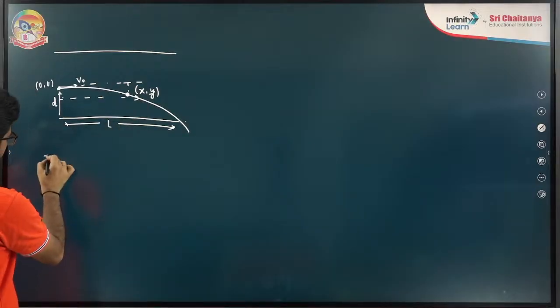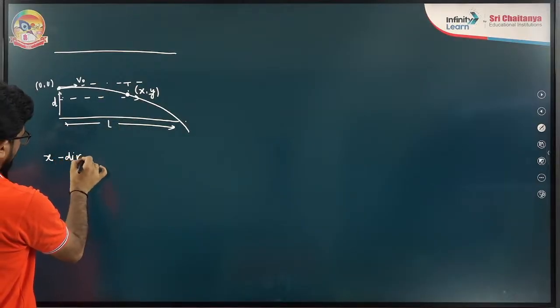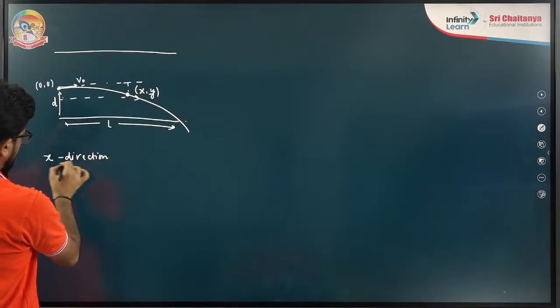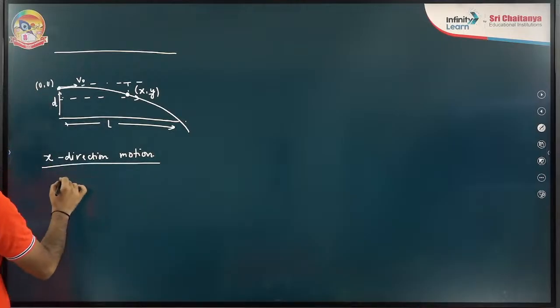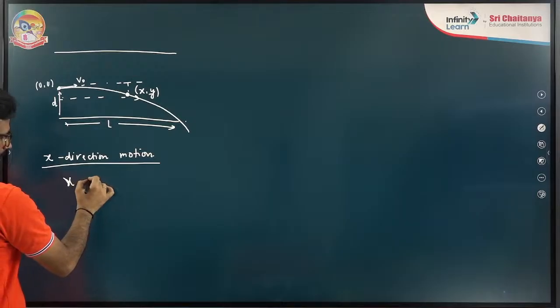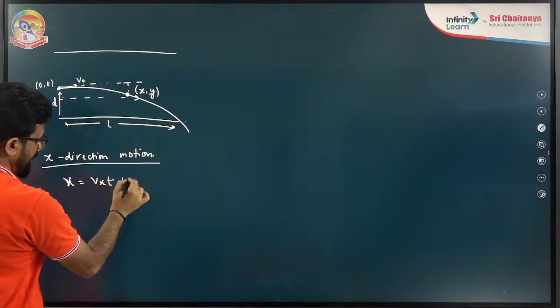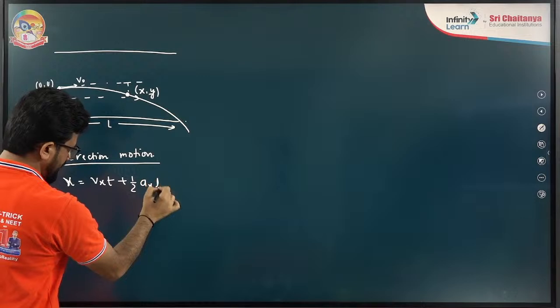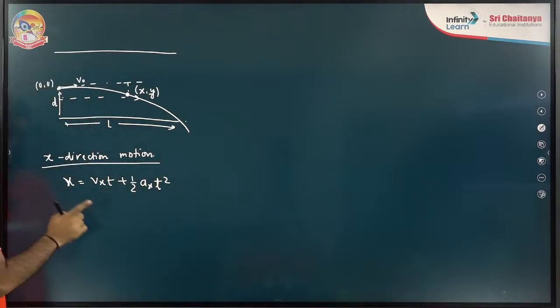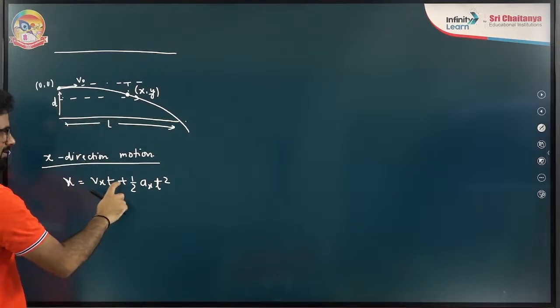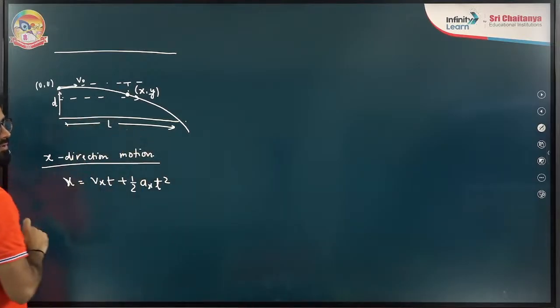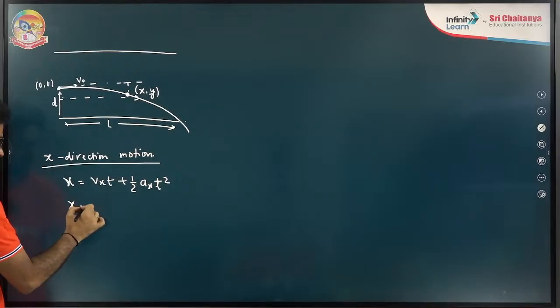In x direction motion, what can you write, beta? x equal to vx into t plus half of ax into t square. What is vx? That is v naught into t.